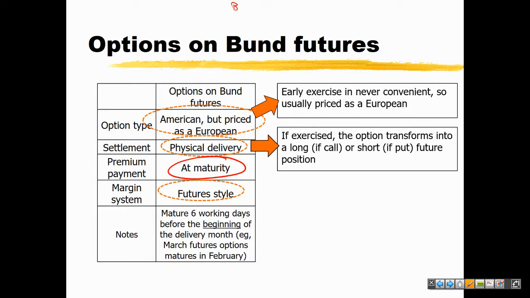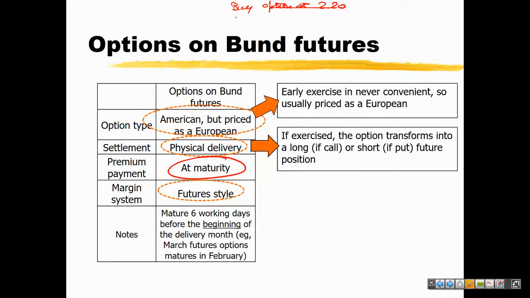Imagine you have a case in which you buy an option at a price of 2.20. So 2.20 is the market price of the option when you buy it, okay? On the German government bond future. You are not paying 2.20 today.